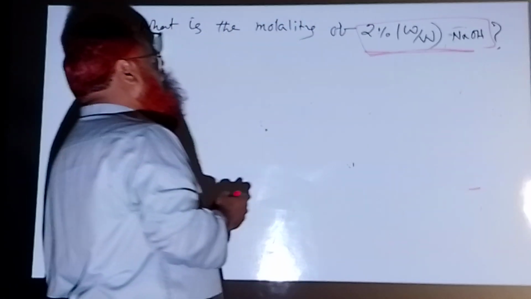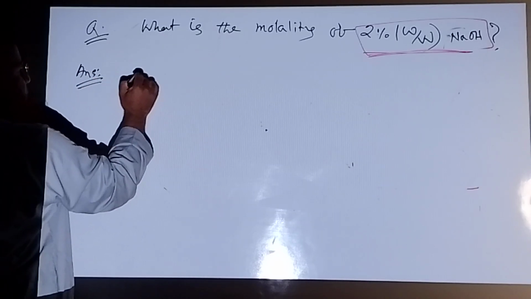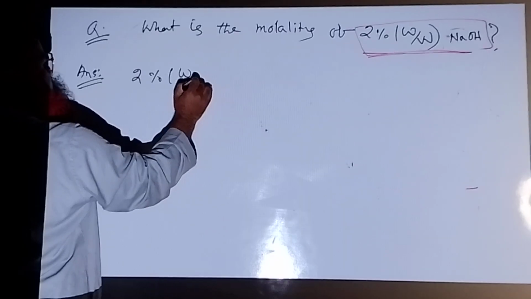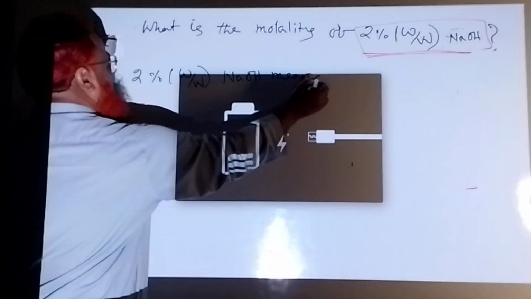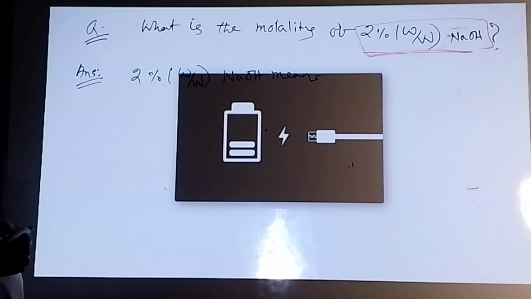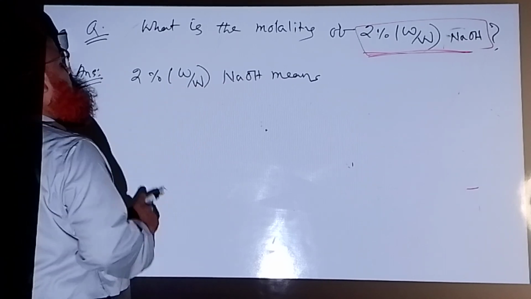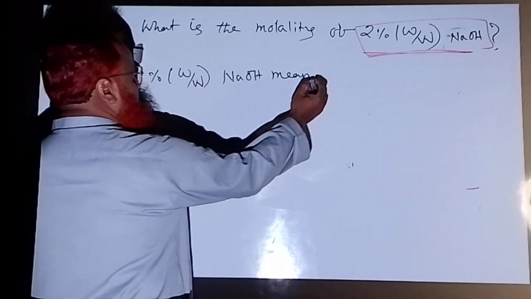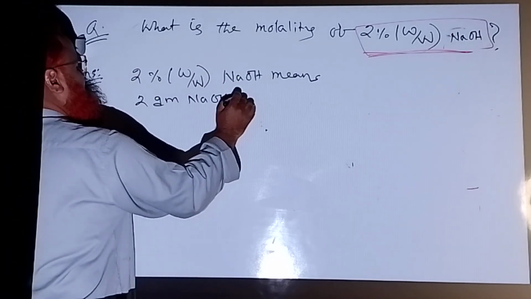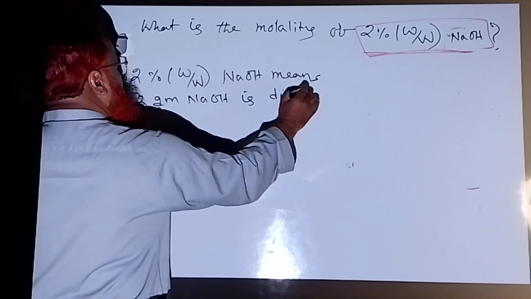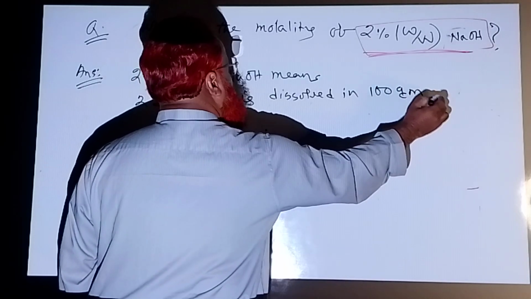Okay. Now, look at here. Solution: 2% W by W NaOH means, so dear student, here 2% W by W sodium hydroxide means 2 gram sodium hydroxide is dissolved in 100 gram of solution.